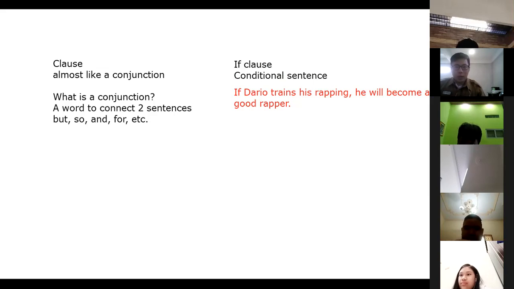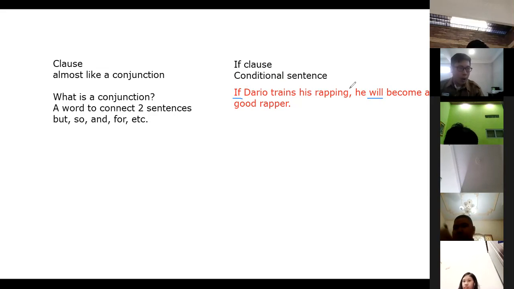Okay. So, here we see the word if, blah, blah, blah. He will, blah, blah, blah. So, every kind of conditional sentence with if, you have to use will. It's in the present tense, okay?